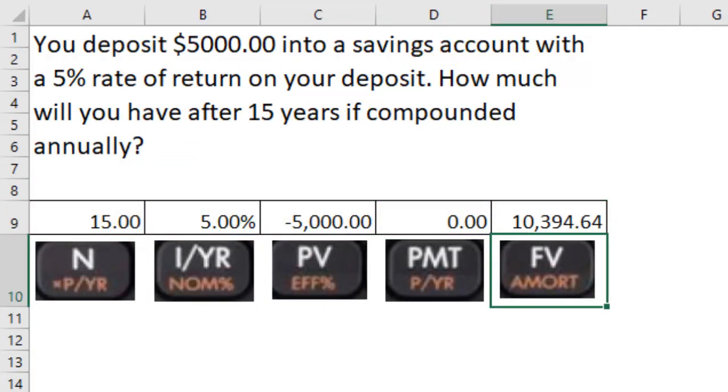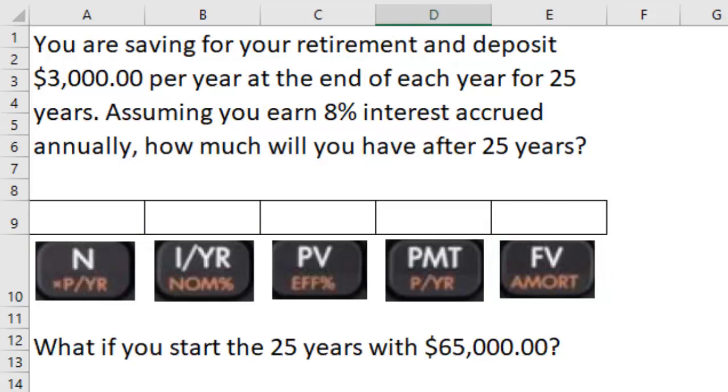Let us look at another example. You are saving for retirement and you deposit $3,000 per year at the end of each year for 25 years. Assuming you earn 8% interest accrued annually, how much will you have after 25 years? Let us go and put those values in. So we are paying each year $3,000.